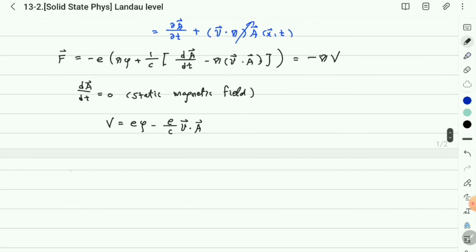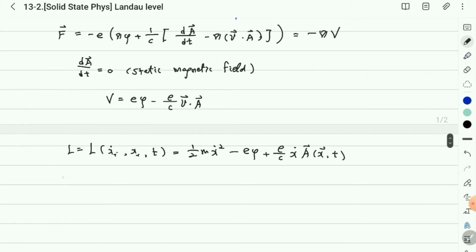The Lagrangian is a function of velocity, position, and time. Then it is one half m x dot squared minus the potential energy, that is, minus e phi plus e over c x dot A(x, t).